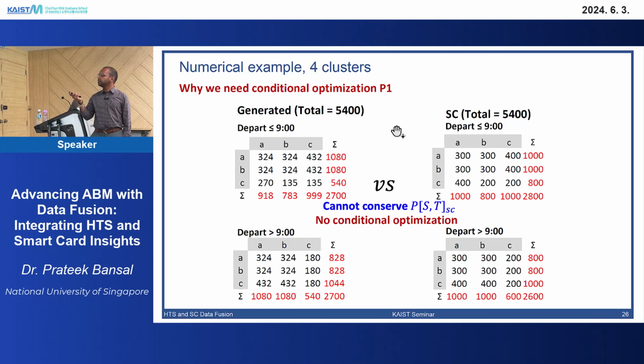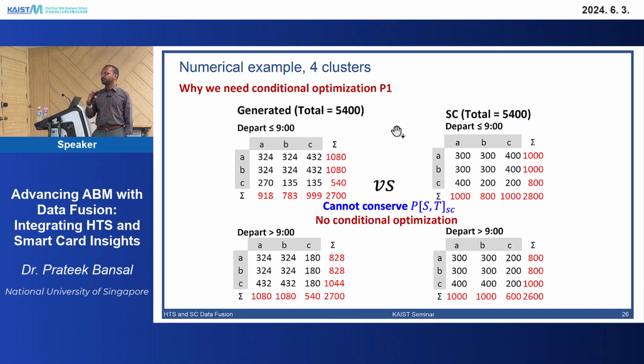Why? Your initial, the true S and C distribution had 1000, 1800 here, but in the generated data you have the trips originating from zone A, zone B, and zone C. This distribution doesn't match the distribution that we have in the SC data.